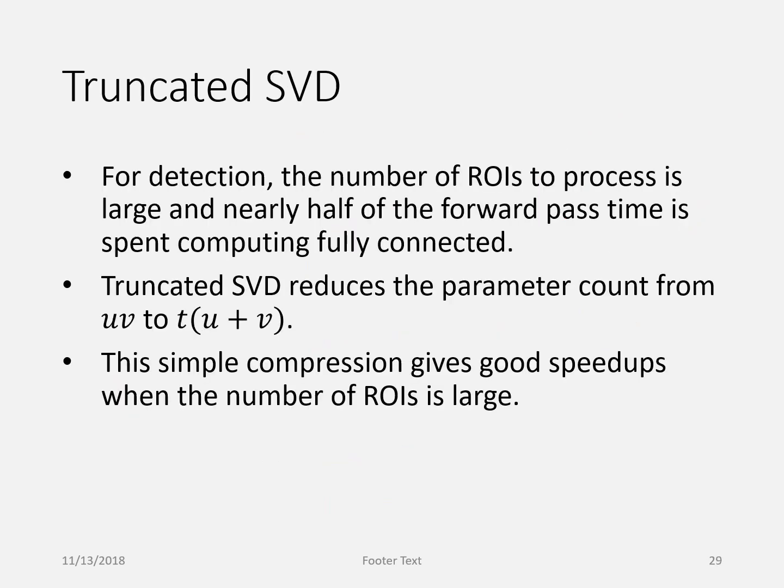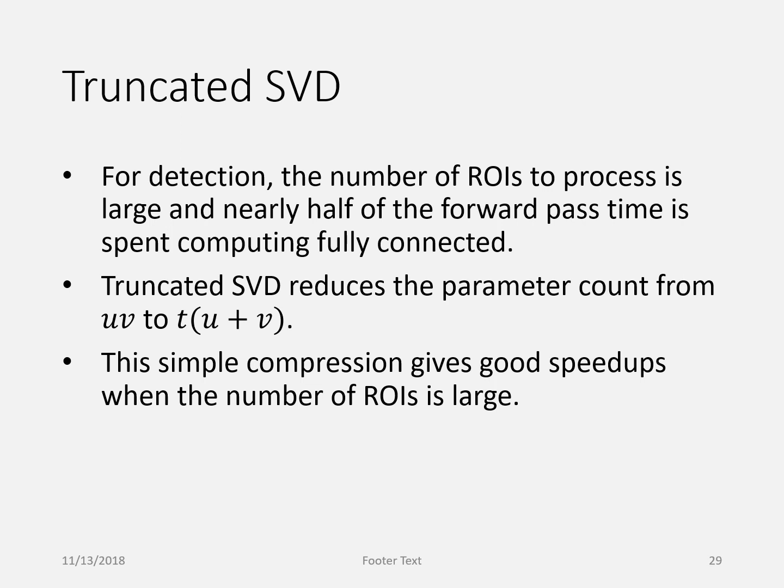Truncated SVD. For whole image classification, the time spent computing the fully connected layers is small compared to the convolution layers. But in case of Fast RCNN, as we have a large number of ROIs to process, almost half of the forward pass time is spent computing fully connected layers. So they thought of using the singular value decomposition process.